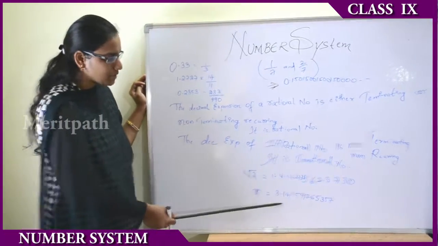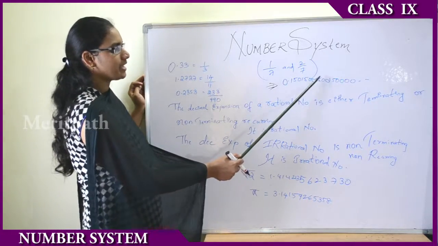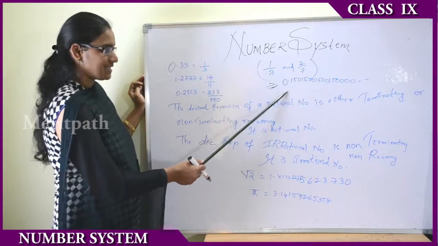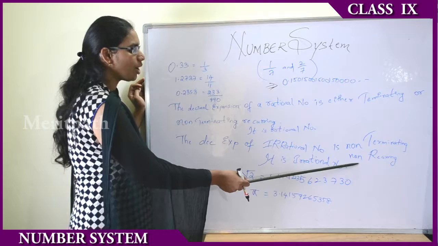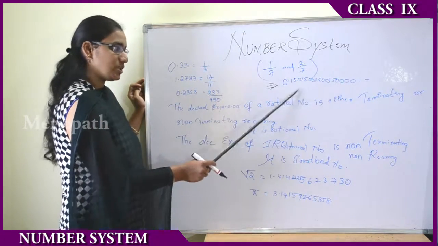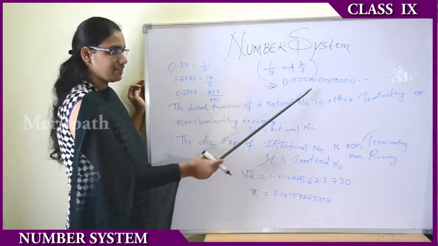By using this property, one such number is 0.1505001500 and so on. That means this number is non-terminating and also non-recurring. These two properties hold for this number. So this is a good example of an irrational number between 1/7 and 2/7.